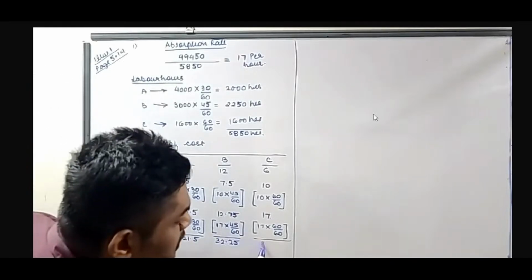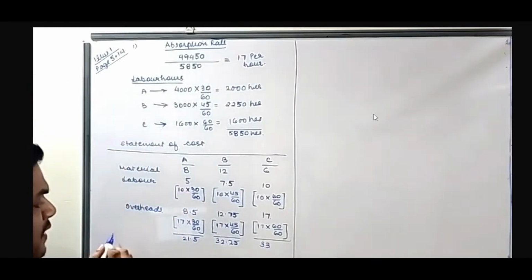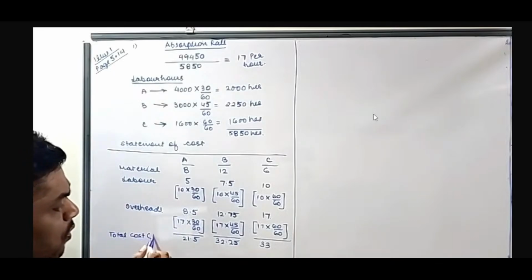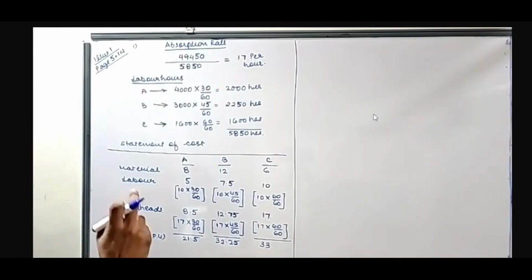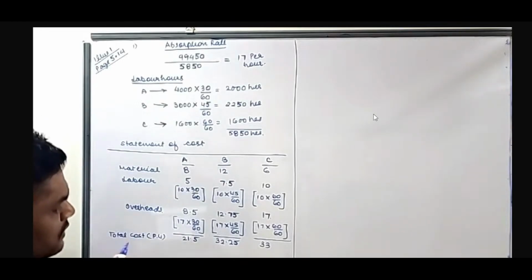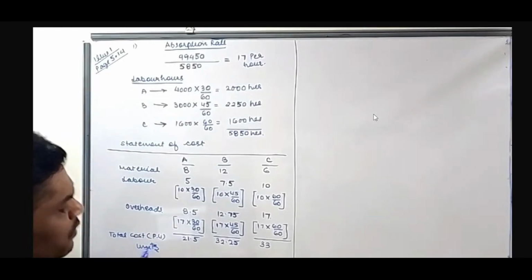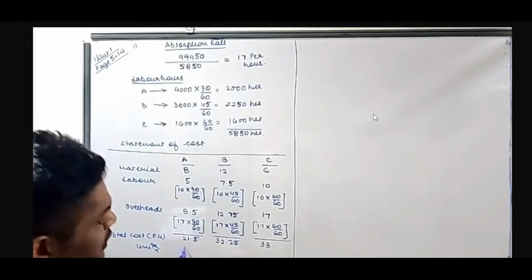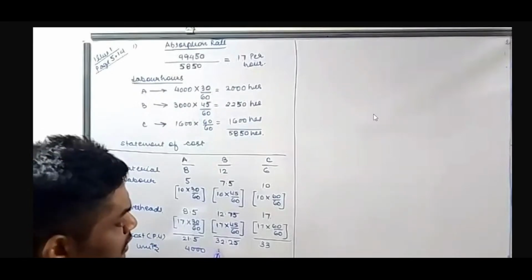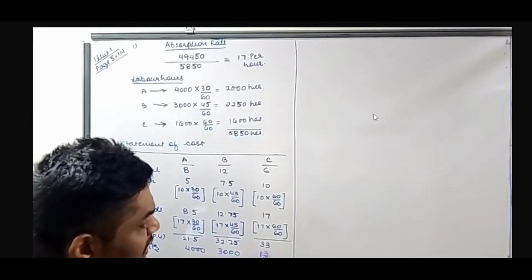This will be 33. So cost per unit, this is the total. If we want to calculate the total cost in rupees, we will multiply it by number of units. The units are 4,000, 3,000 and 1,600.